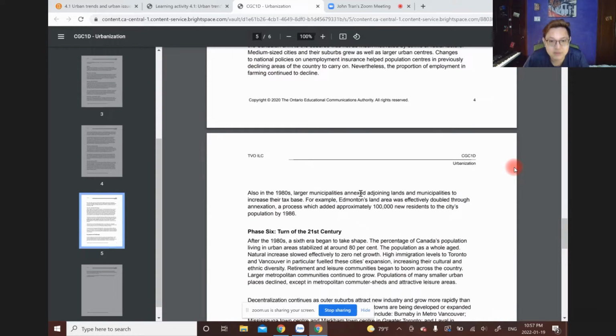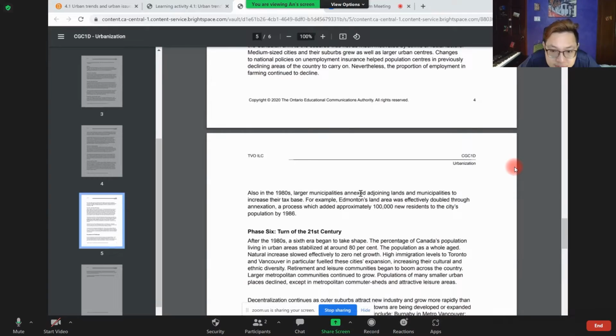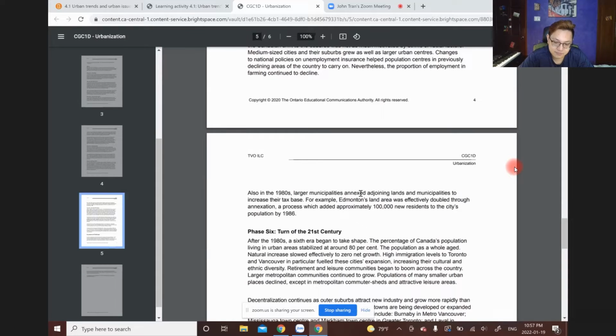Phase 6, the turn of the 21st century, is where we are right now. Urban population stabilizes around 80%. I doubt that, though. Right now in Vietnam, people just want to flood to the city. Except for the old people, they just want to be where they are used to, rural areas. Sometimes they come to the city and they're like, okay, this is too much, I can't take all the noise.